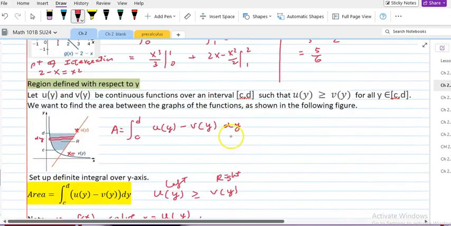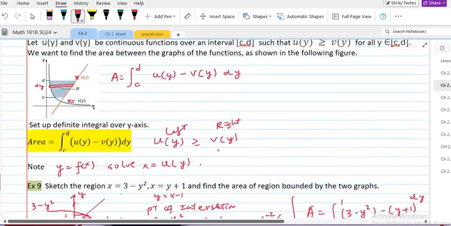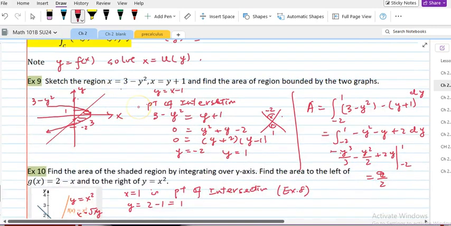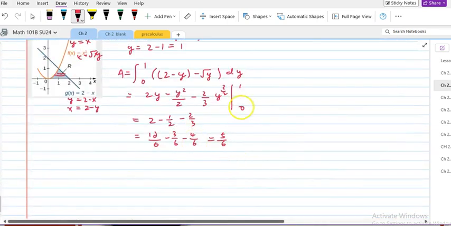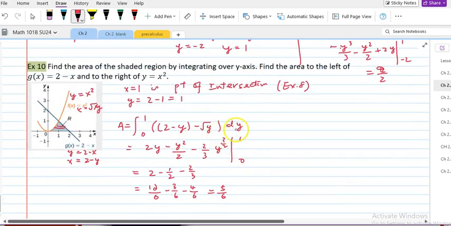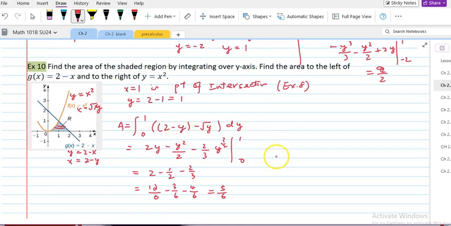The same as what we have in example 8, right? Where's example 8? Yeah, this one, the one with the 2. So you can do it with two dx integrals, or you can do one integral with the left and right formula. But because the interval is in y, you have to find the corresponding interval in y, and all of the formulas need to change into y because you're doing dy.